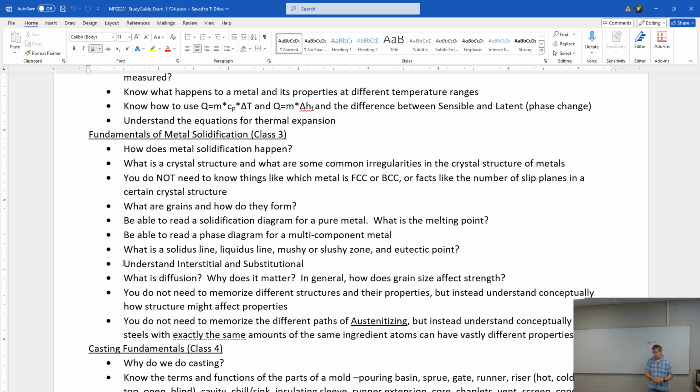Why would you do oil? Different materials do better with different things that they're quenched in. So water has the highest heat capacity of anything, and it can quench things too fast. And so you can use oil, it can't contain as much heat, and so it does a slower quenching of the material.